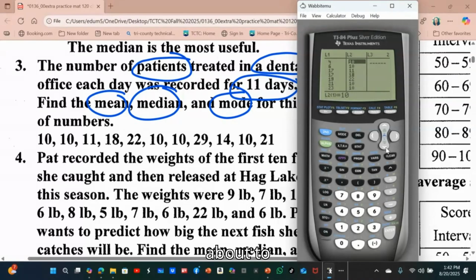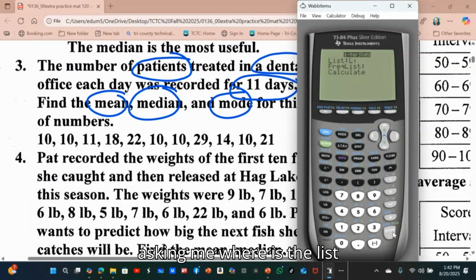So I am about to find the statistics using one variable stat. I'm going to go to STAT, arrow to CALC, do one variable stat, and it's asking me where the list is. Now, be careful because the list this time is not L1.